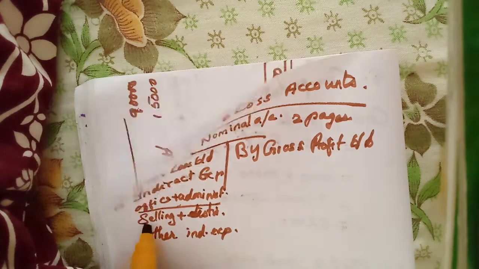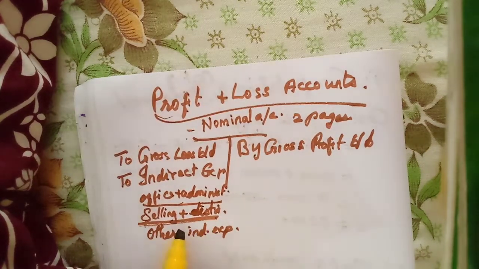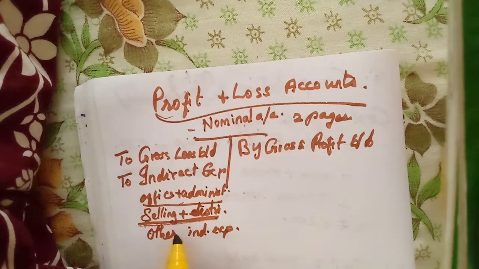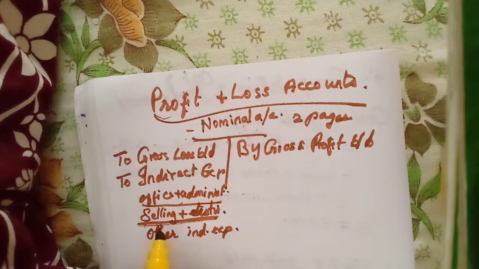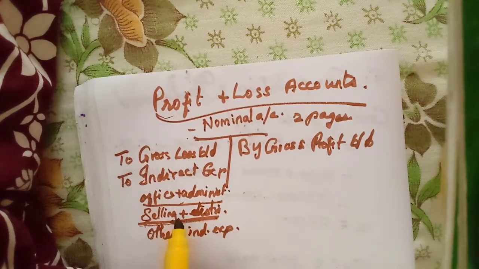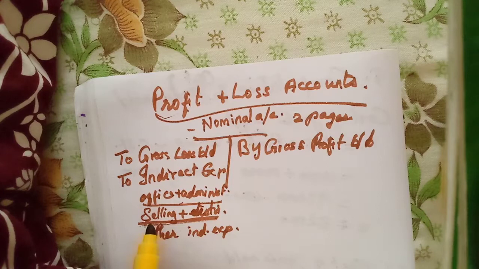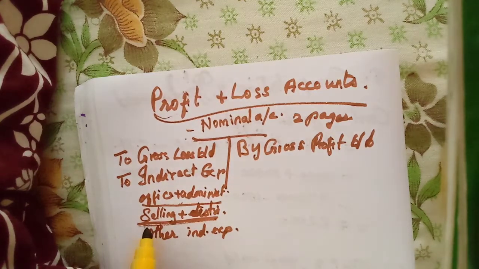Then all the expenses related to selling and distribution expenses. For selling, what are the expenses we will incur? For example, those related to the sales. We may carry the goods to the market. That one is called carriage outward. I told you carriage inward is the amount that we pay to bring the goods to our business place.